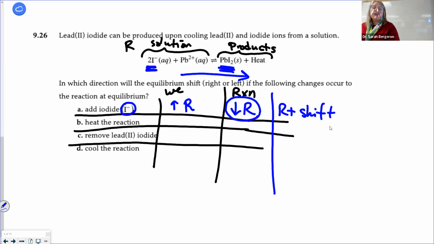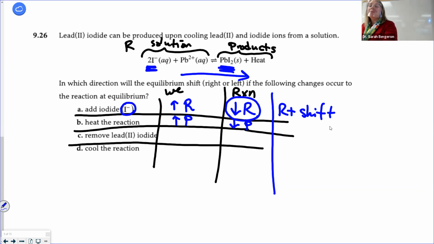Okay, try B. Look at B. Heat the reaction. If we heat the reaction, you got to look at the reaction and see where is heat in this equation. Reactant or product? It's a product. So we are increasing a product. So what's the reaction going to do? It's going to do the complete opposite. It's going to decrease a product.